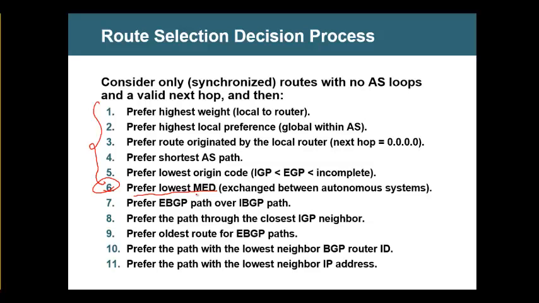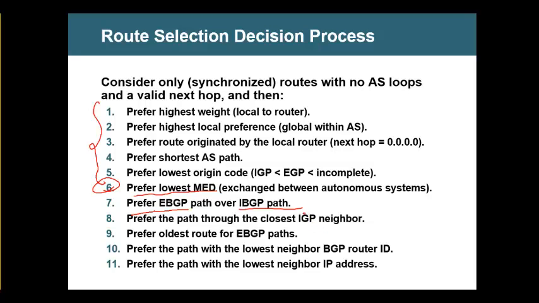If there is tie in this all 6, then it comes to 7. 7 says if you will have an eBGP neighbor, then prefer the eBGP neighbor and eliminate the iBGP neighbor path. Prefer the eBGP neighbor path by eliminating iBGP. But what if both are iBGP? Both are iBGP.